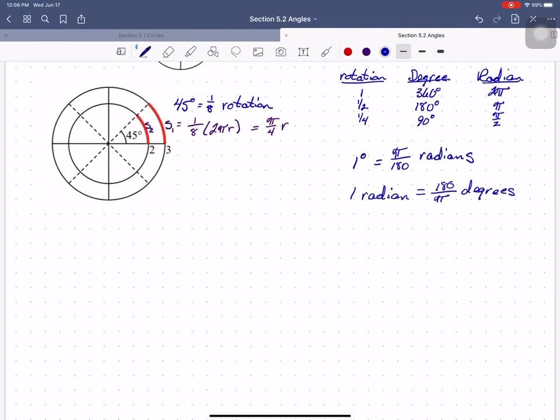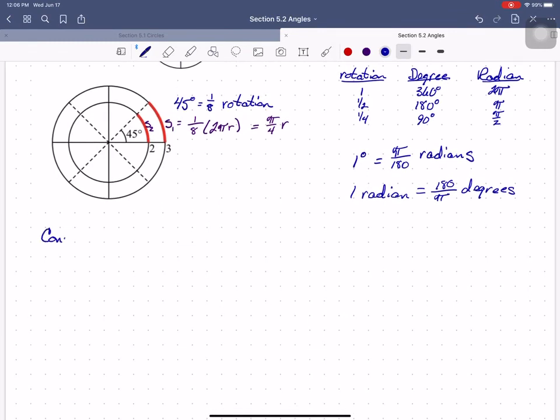So suppose I want to convert pi over 6 to degrees. I have radians, I want degrees, so I will multiply by 180 degrees over pi, and I get 30 degrees.